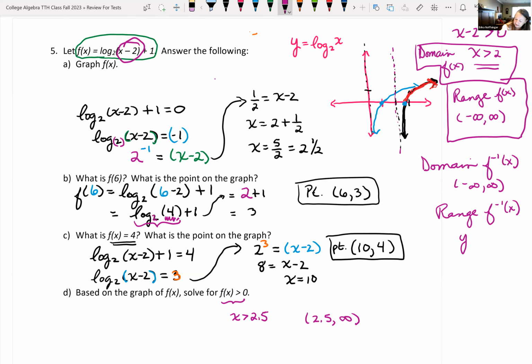So y is greater than 2. You should know how to find the domain and the range of a function and its inverse, but you also should be able to find the domain of a logarithmic function.